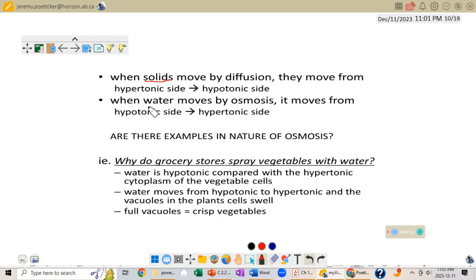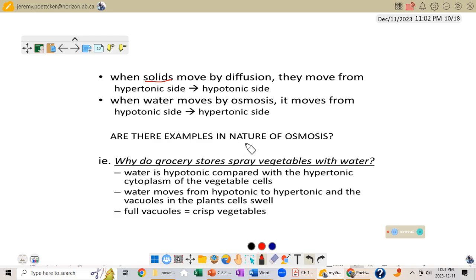When water moves by osmosis, it moves from the hypotonic side, which means that there's more water and less dissolved stuff, to the hypertonic side, where there's less water. So it is just a special kind of diffusion, but it is a diffusion of water.